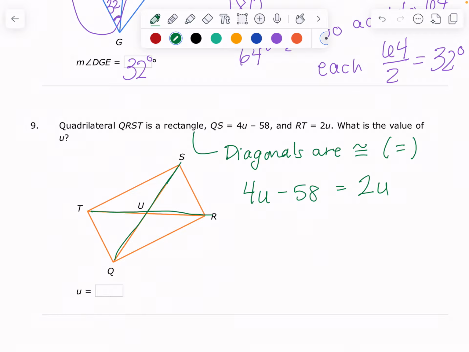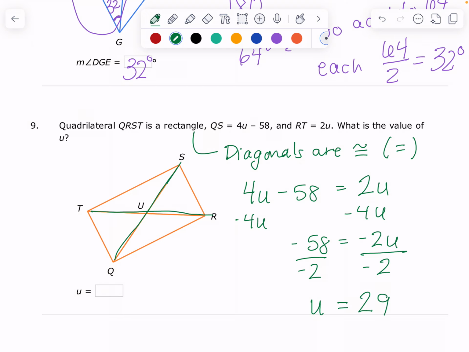So subtract 4u, subtract 4u, so negative 58 equals negative 2u, divide by negative 2, divide by negative 2, and then u would be whatever 58 divided by 2 is, because the negatives cross out. So that would be 29. Not too bad.